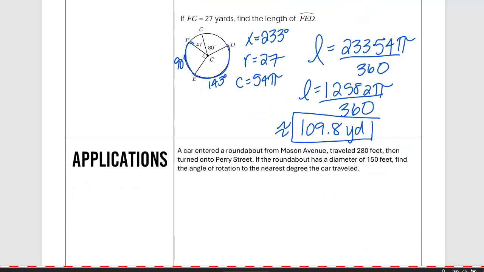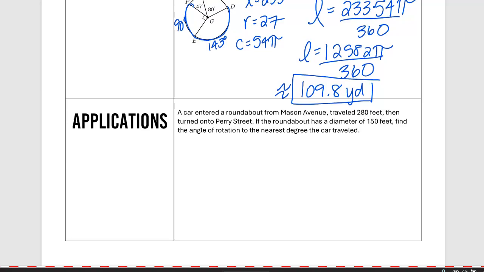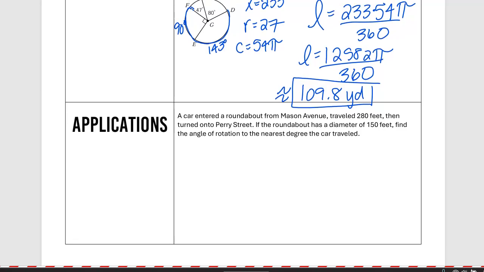All right, let's look at how we apply this arc length. We have this application problem. A car enters a roundabout from Mason Avenue, traveled 280 feet, then turned onto Perry Street. If the roundabout has a diameter of 150 feet, find the angle of rotation to the nearest degree the car traveled.